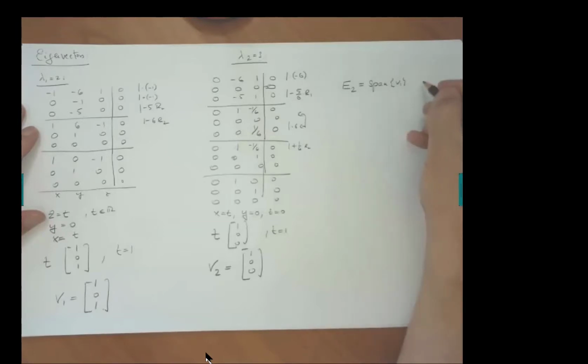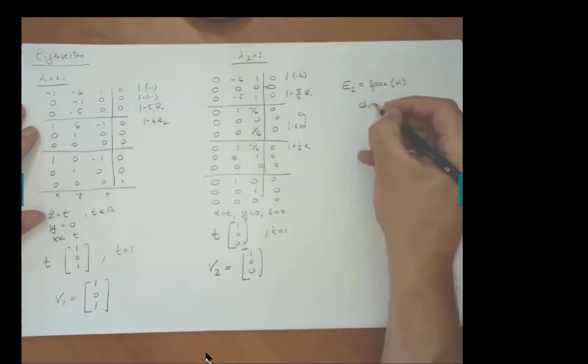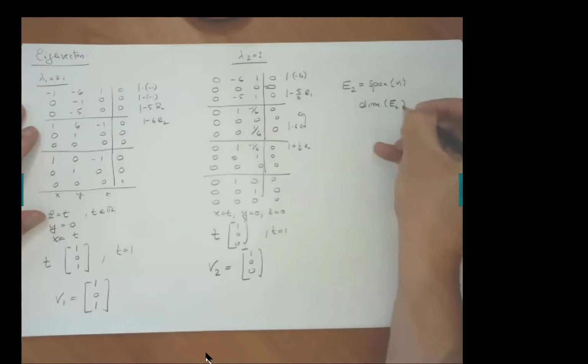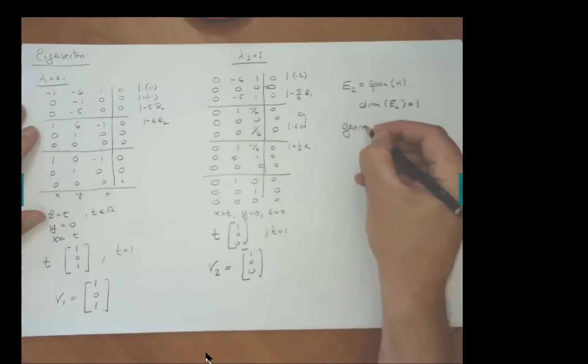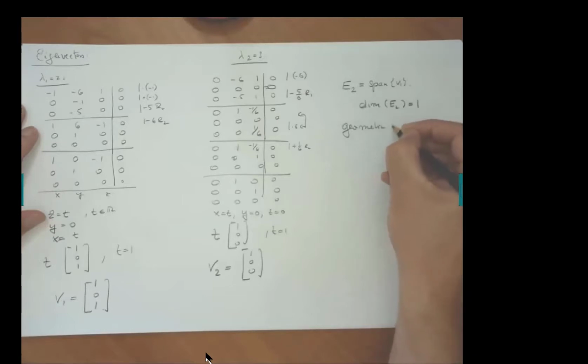So the dimension of E2 is 1 because one vector generates it. The basis has one element. And that means the geometric multiplicity is also 1, because geometric multiplicity is another name for the dimension of the eigenspace.